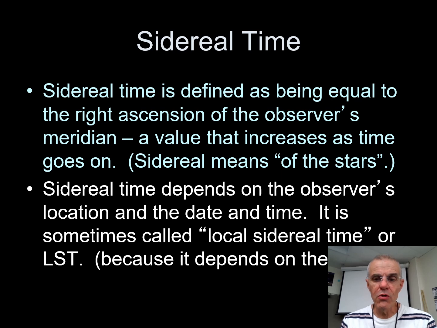It's sometimes called local sidereal time if we're talking about what it looks like to a particular person. So if I go out, I see that the 3 hour line, for example, is on my meridian, then my sidereal time is 3 hours. This is a little bit like we have different time zones on Earth, so that if I'm in Knoxville, the time is different than the time in California. 3 hours difference.